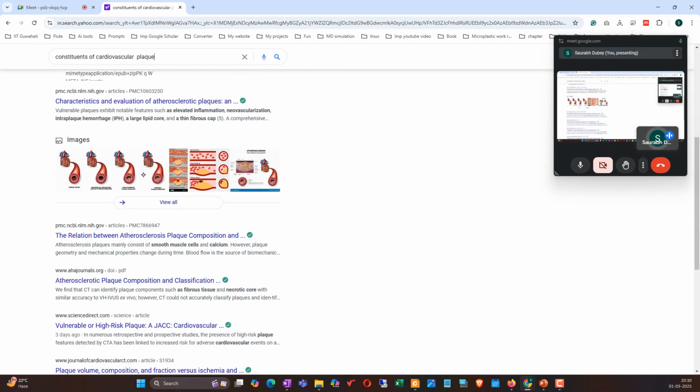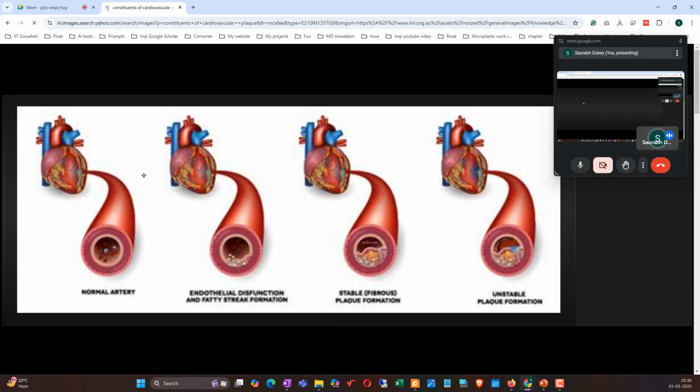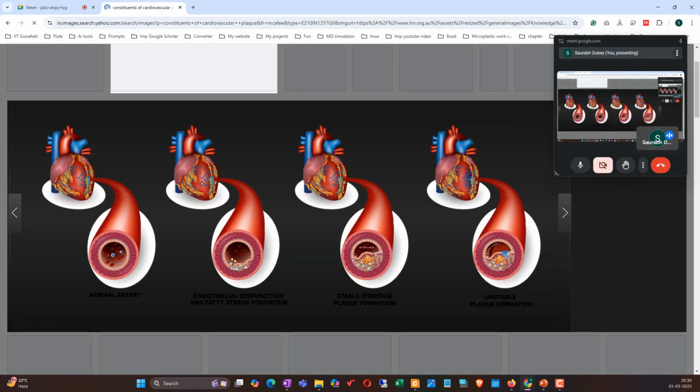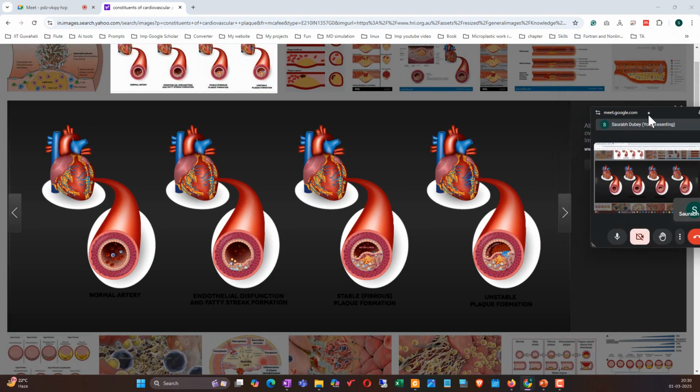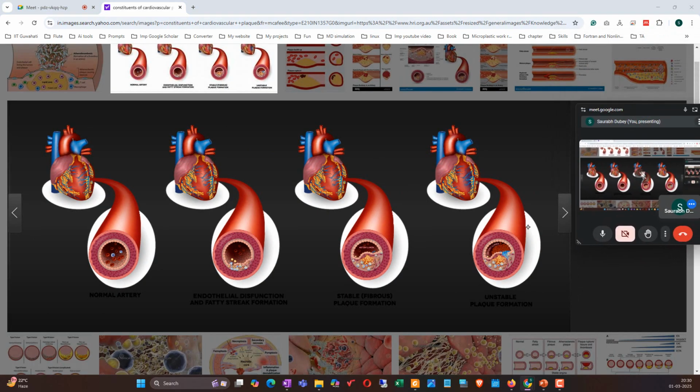So if you see the side view of this, let us look at these images. It looks like this, right? So how this plaque is forming, growing, and blocking the interior.